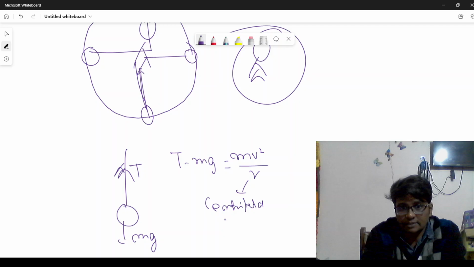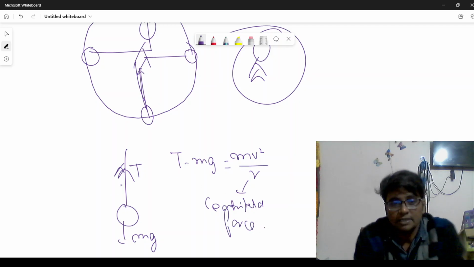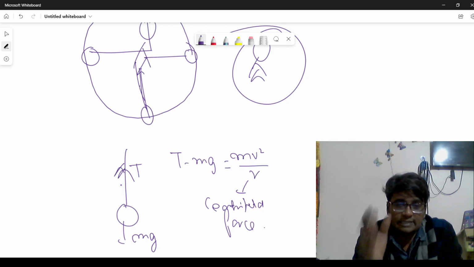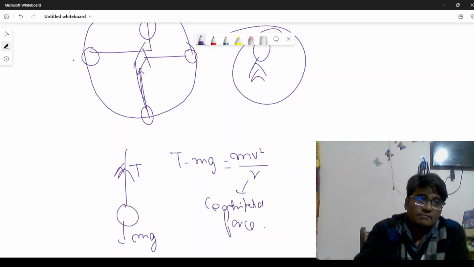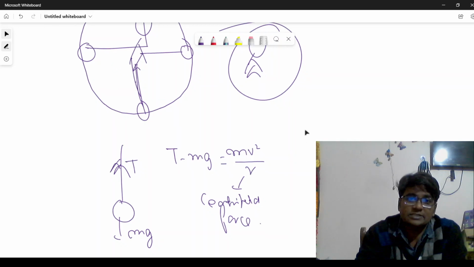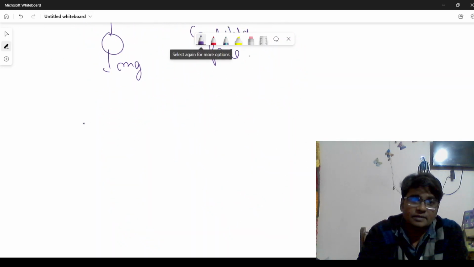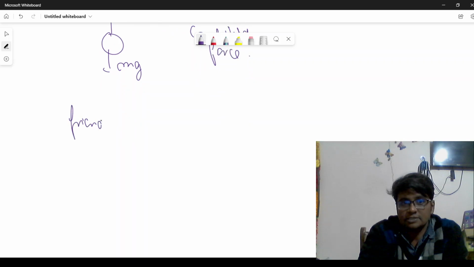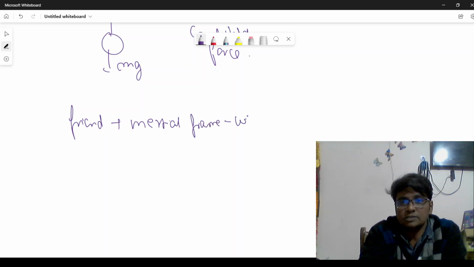So for him it will be a centripetal force, and for me standing inside the frame it will be the centrifugal force. My friend is standing in the inertial frame, which is not moving, which is non-accelerating.